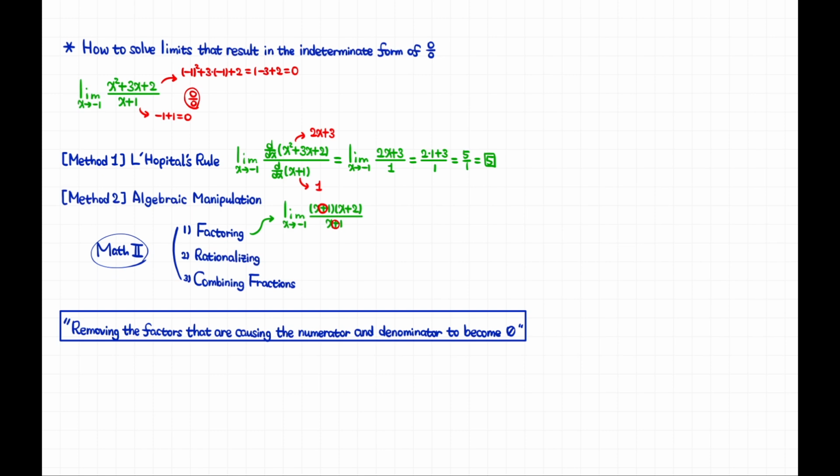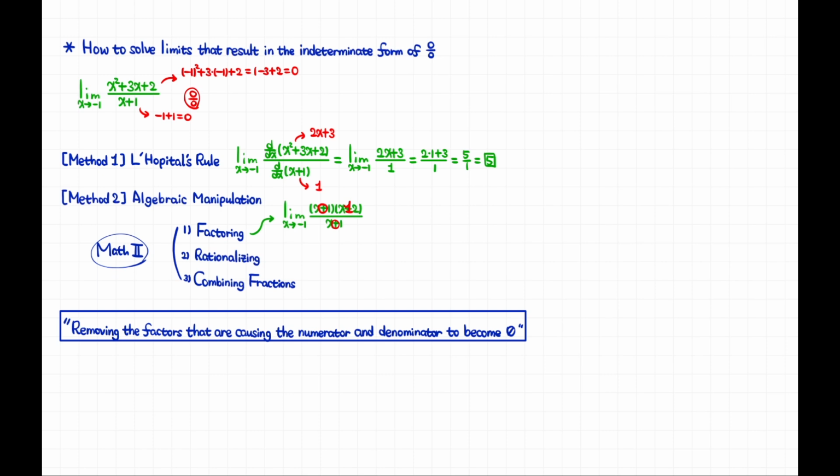But if you plug -1 into x plus 2, you get 1, which is not 0. So, what does that tell us? It means that x plus 1 is the part that's causing the 0 in both the numerator and the denominator. That's a key point. So that's the zero causing factor.